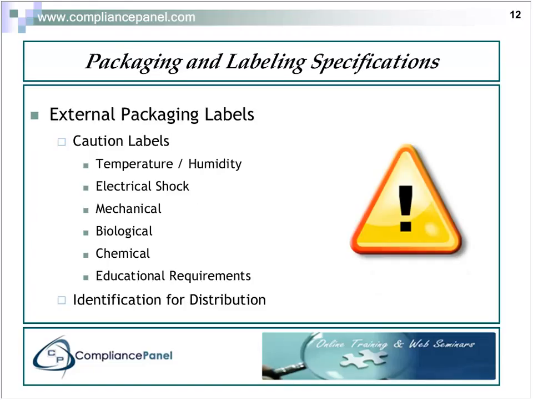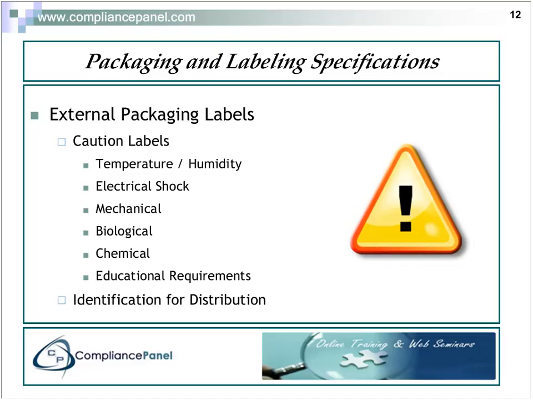The last piece of the device master record would be your packaging and labeling specifications, and this is all the labels associated with your device. There's any caution labels that go on the outside, whether it be for temperature or for humidity, whether there's electrical shock hazards associated, any mechanical hazards, biological, chemical, and what's the educational requirements as we think about the instructions for use that go along with a product.